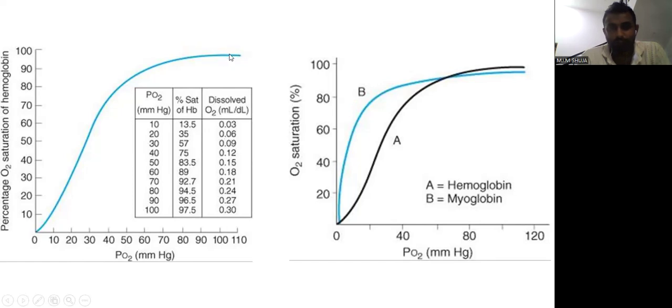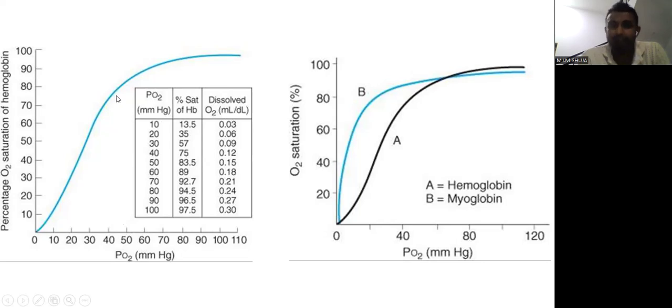So you put 1 mark here. Then, what is the partial pressure of oxygen at the venous level? That is 40. So at 40, hemoglobin saturation is 75%. So 40, 75. We again put another dot.